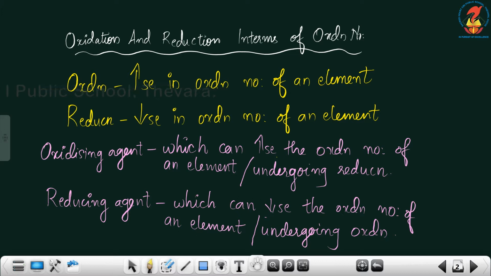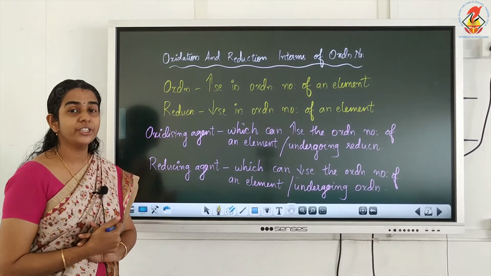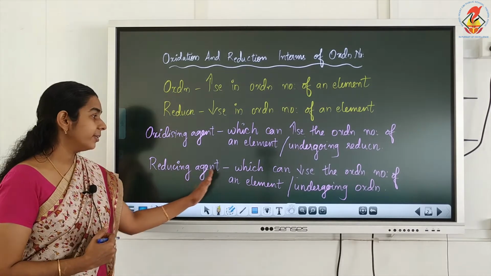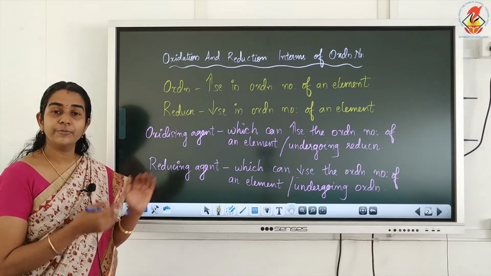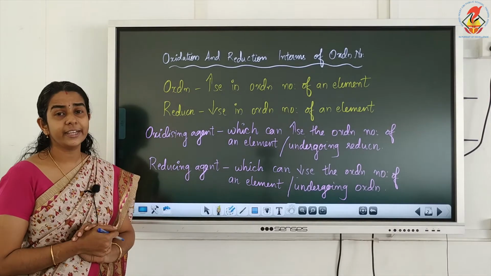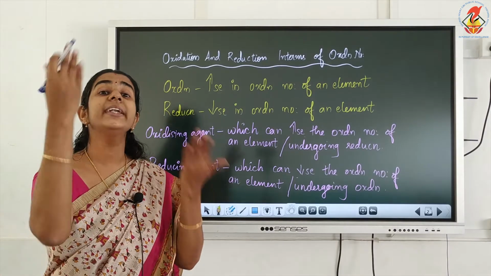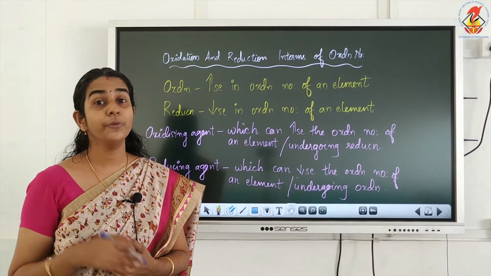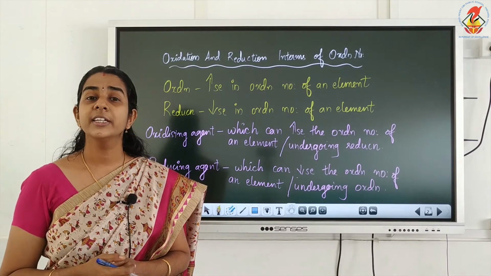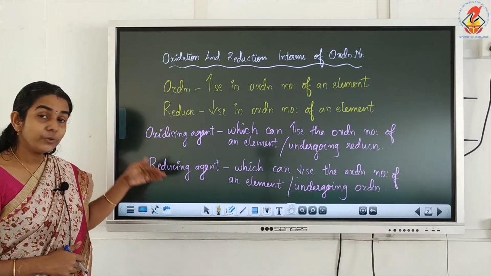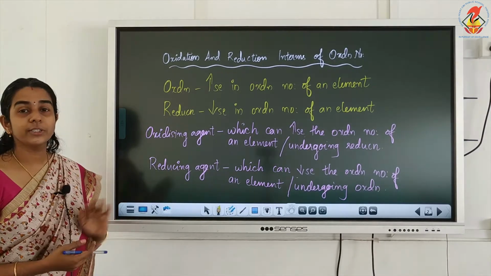So reducing agents are the ones which can decrease the oxidation number of another element and themselves undergo oxidation. For these species there will be an increase in oxidation number, but they will decrease the oxidation number of another element or species. So this is about reduction, reducing agent, oxidation and oxidizing agents.